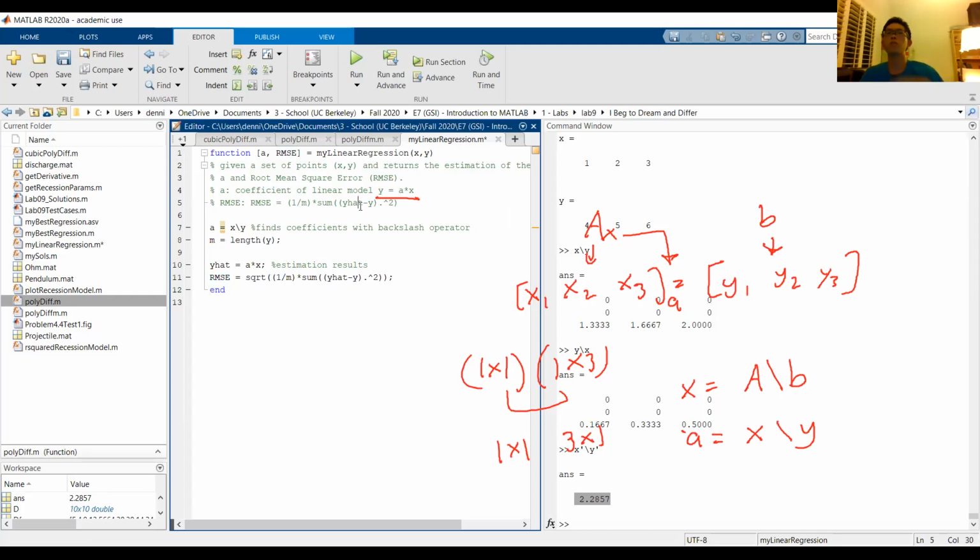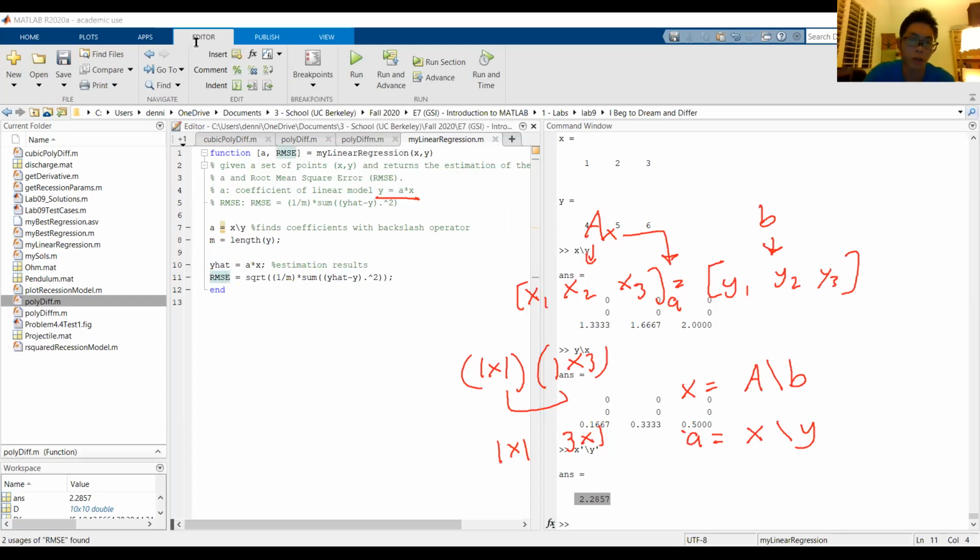I'll need to show the solutions later to make sure they have the same thing, but I believe this square root. I think you square the sum of the squares, and then divide by m. Isn't it root, mean, squared, error in that order? Let me check that. I'm pretty sure the root is on the outside.